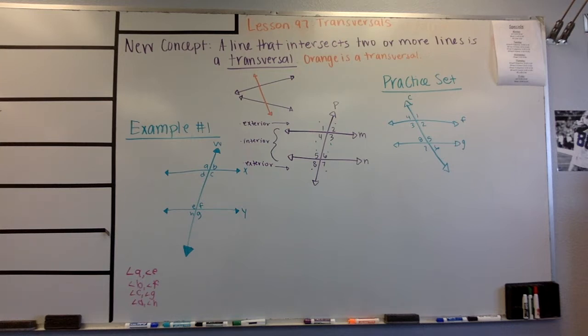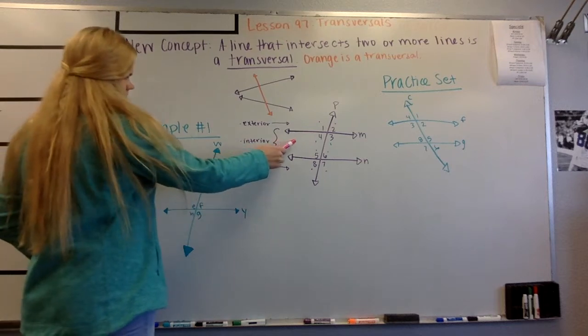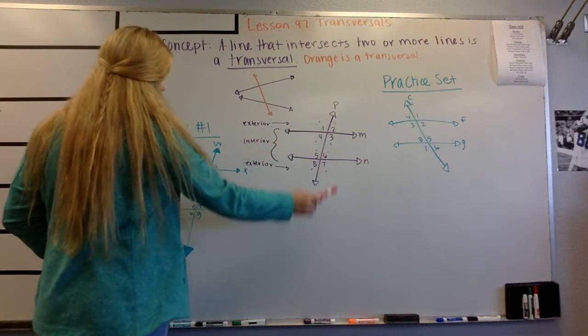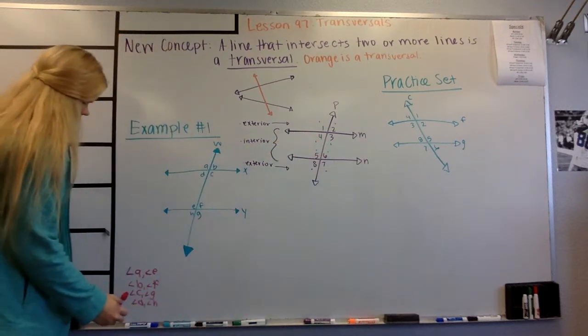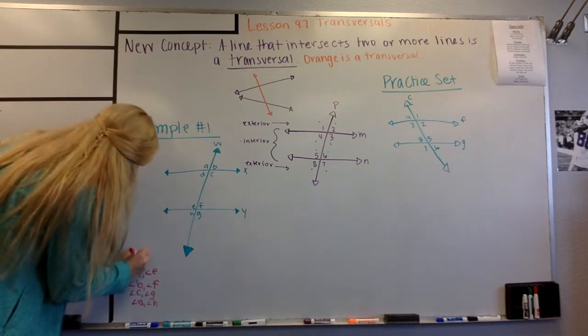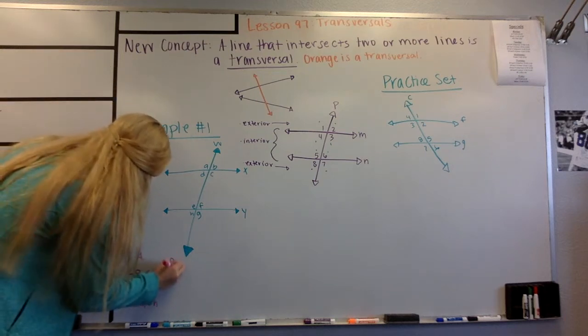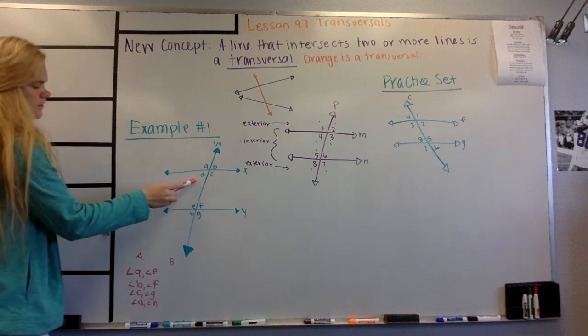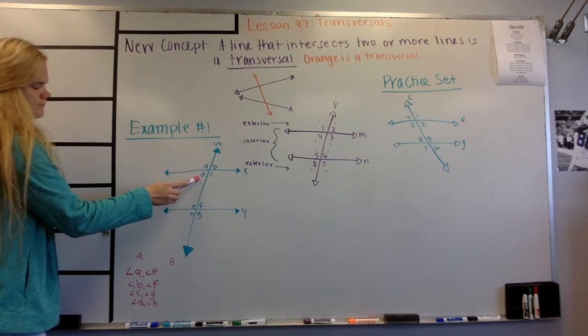B, it says name the pairs of alternate interior angles. So we're going to do the interior. If we look back to the purple example, our interior is in the middle. So our pair of alternating interior angles would be angle D. Everybody find angle D right there? Perfect. And interior alternating, so that means we've got to be on the opposite.